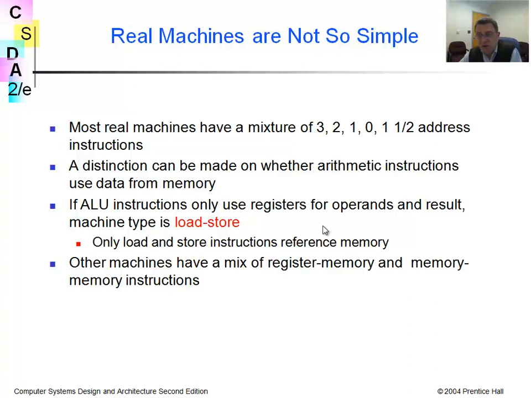If ALU instructions only use registers for operands and results, the machine type is load store. Latest machine. This means only 2 of the instructions, out of all the instructions that we're going to identify, have access to memory. And the other model is other machines that have a mix of register-memory and memory instructions.